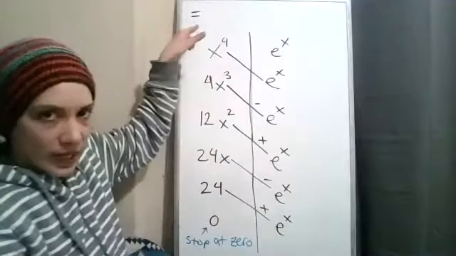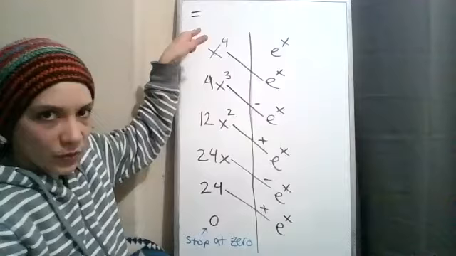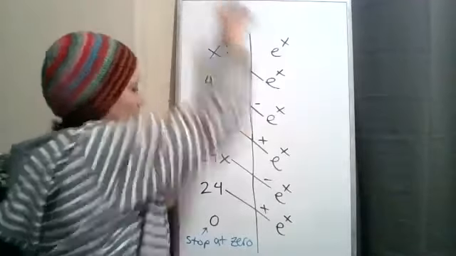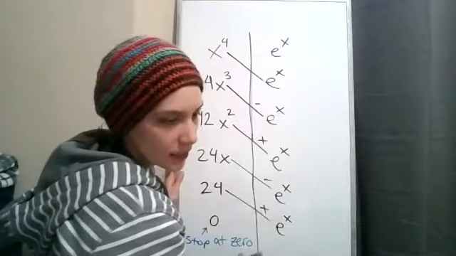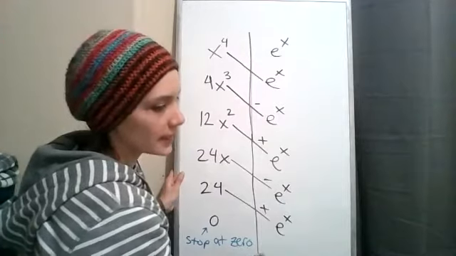Okay, so the integral we had before, that's right actually. It was x to the fourth e to the x dx.